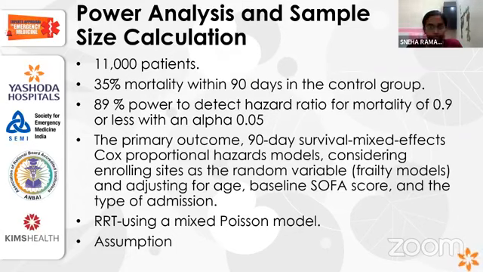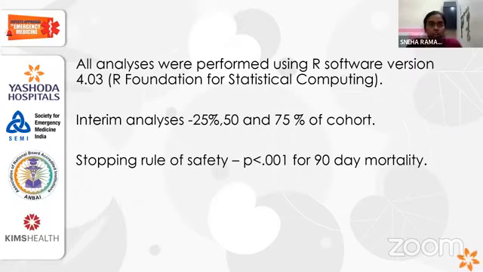The primary outcome, 90-day survival, was analyzed using mixed effects Cox proportional hazards models, considering enrolling sites as a random variable and adjusting for age, baseline SOFA score, and the type of admission. RRT, the renal replacement therapy, was analyzed using a mixed Poisson model, and they assumed that there is no interaction between the fluid type and the fluid rate of administration. All analyses were performed using R software version 4.0.3.